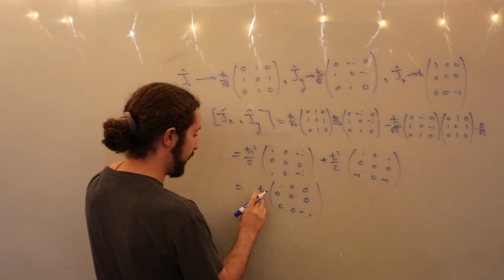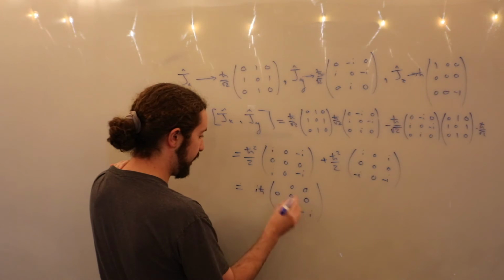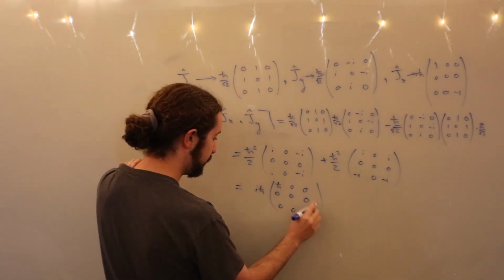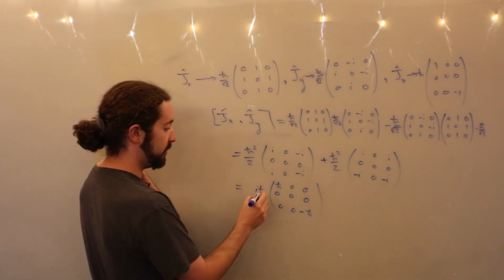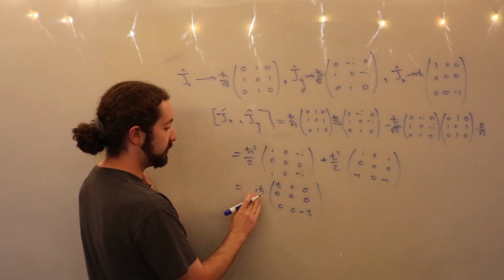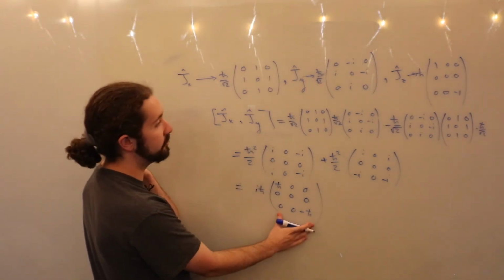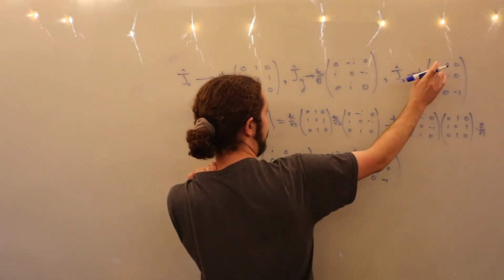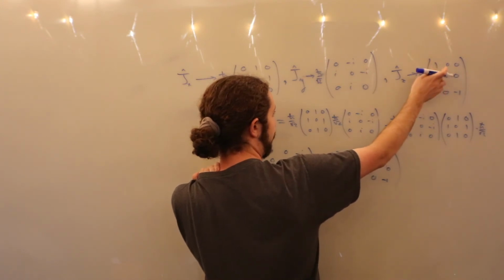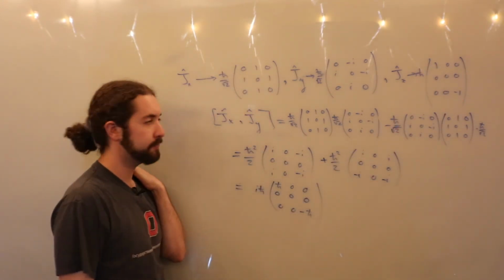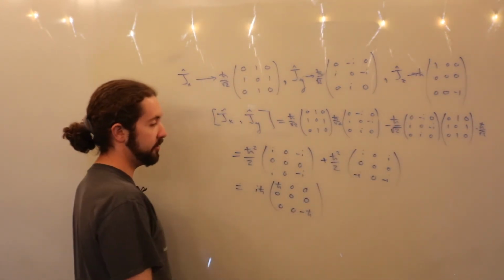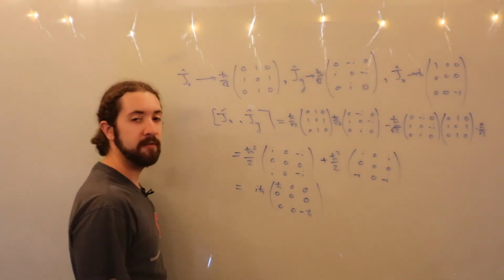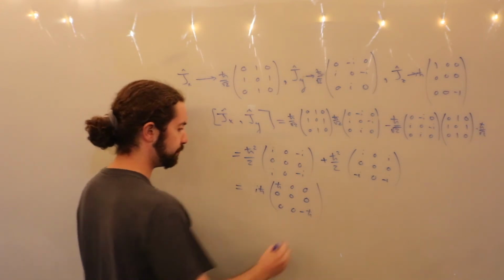I'm just going to have one ħ here and an i, and then we're going to bring the other ħ inside. And now we have that this commutator is equal to iħ times this matrix. Well, this matrix is exactly this matrix, right? ħ times this huge 3 by 3 with 1 and negative 1 in the corners. This is our other spin operator, the spin operator in the z direction for our spin 1 particles.